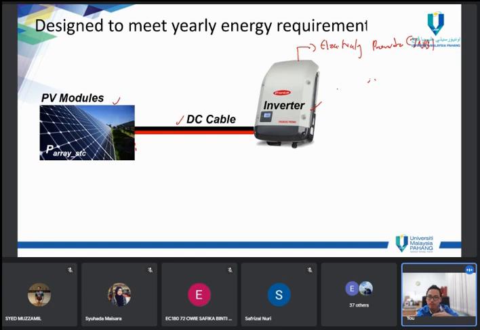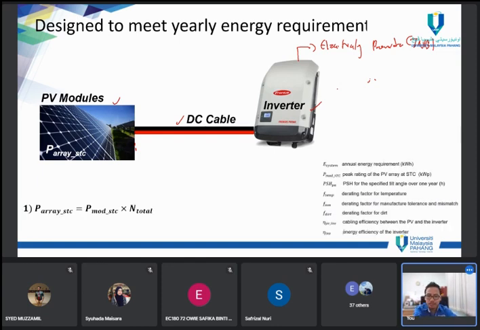So from the PV modules, we have the P array STC. The P array STC is equal to the P module STC, or the PMP STC, the maximum power point at standard test condition, the maximum power of the module. It is also called PMOD STC, the peak rating of the PV module at STC.